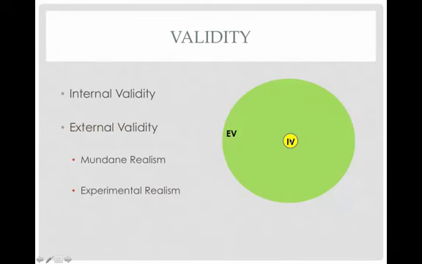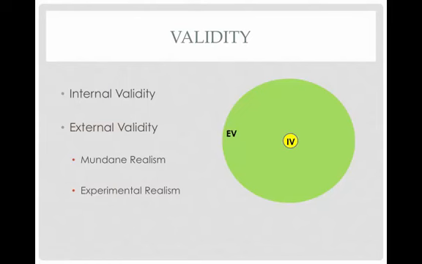So again, the closer we get to really measuring a phenomenon within a specific group, the farther we move from being able to generalize that information to other groups outside of the study. So the less likely that information will apply to people outside the study.